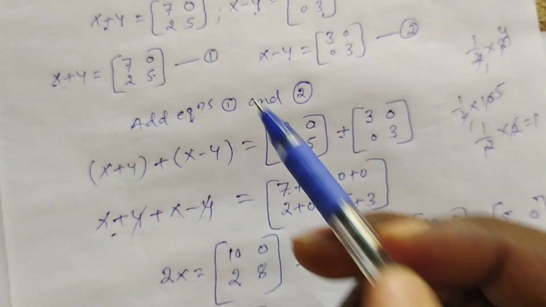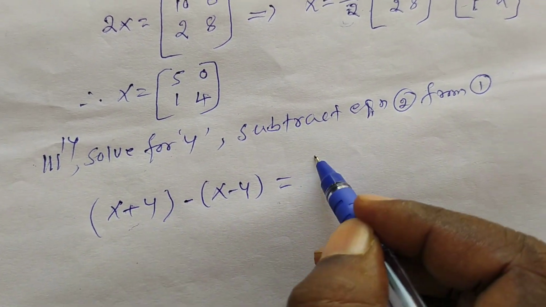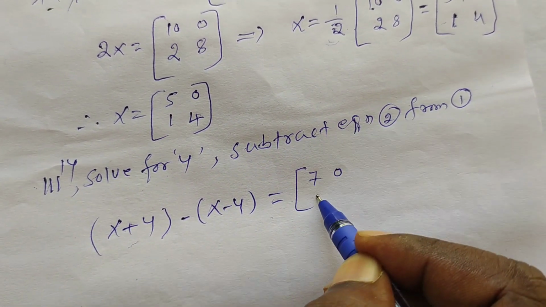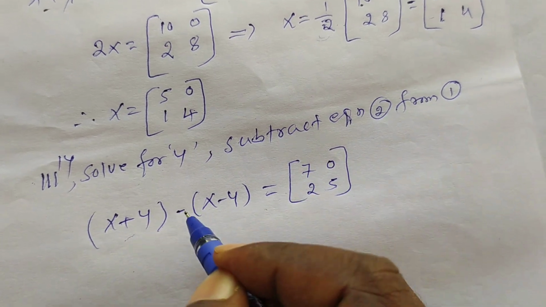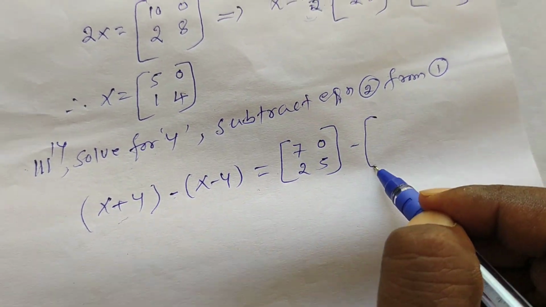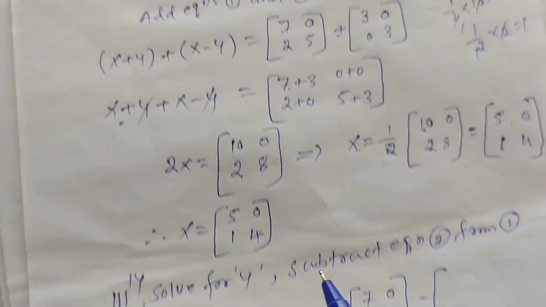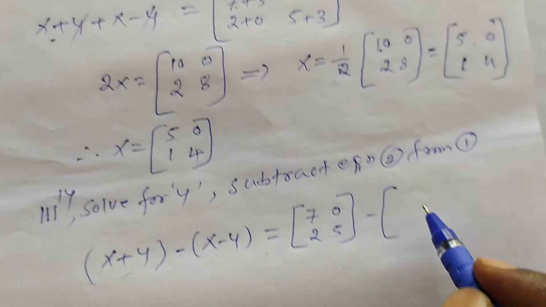X plus Y is 7025. Minus of X minus Y, that is X minus Y, 3003.